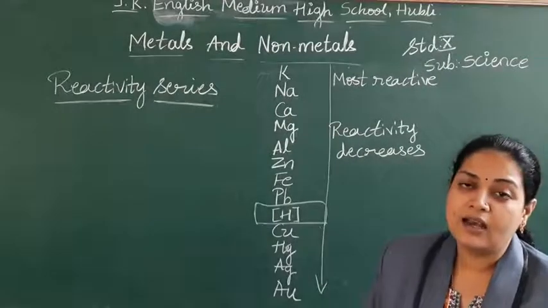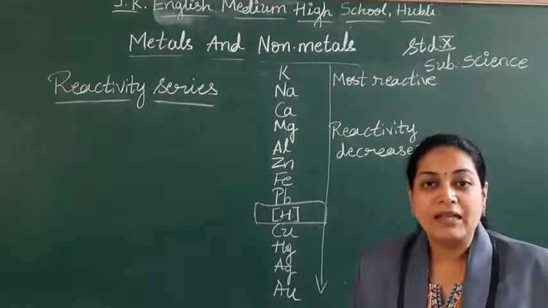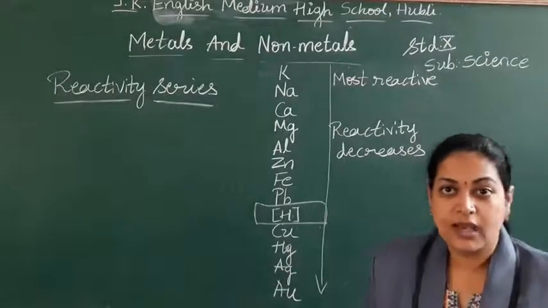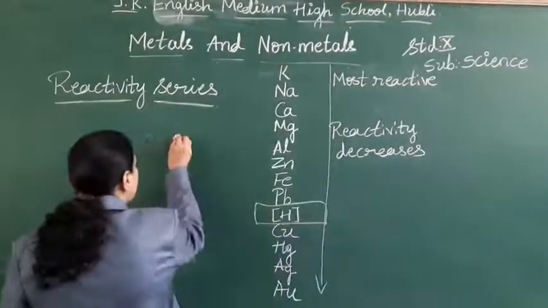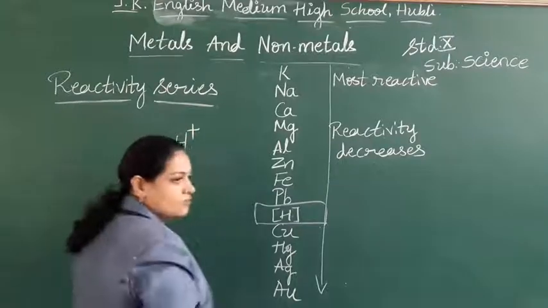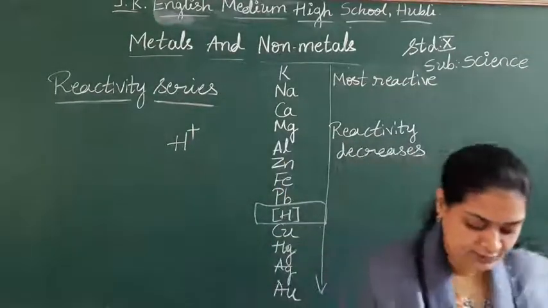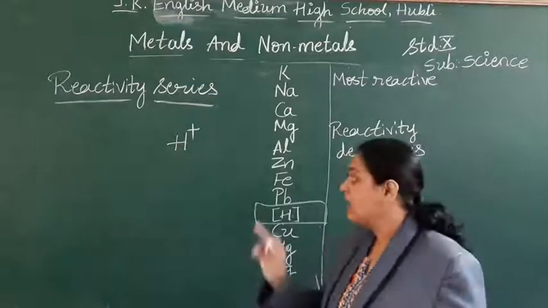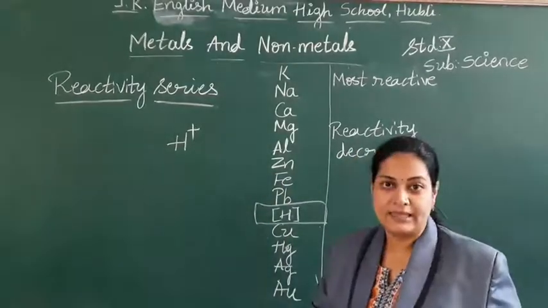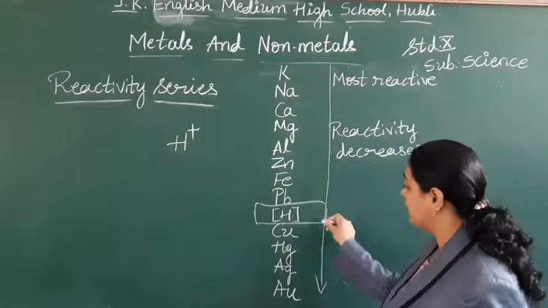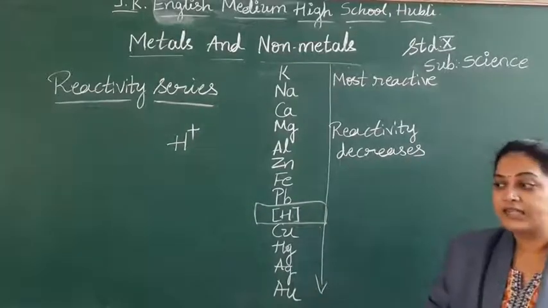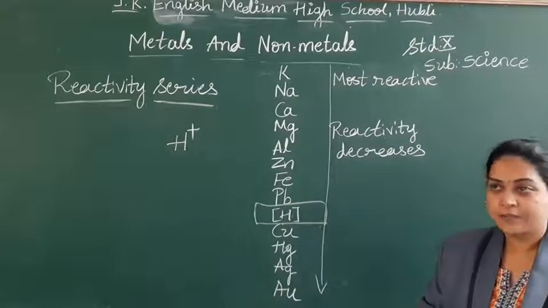Sometimes it acts as a metal by losing its electrons. As you know, it will behave like an H plus, right? It will lose its electron and behave like a metal. That is why we have included it under the activity series of metals, right?